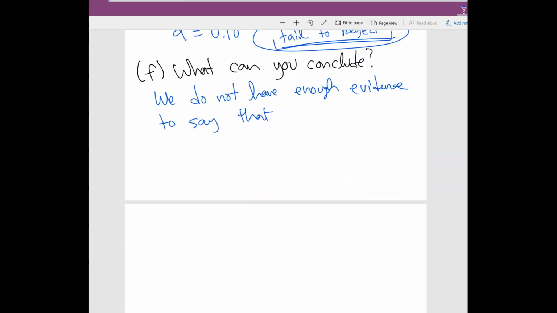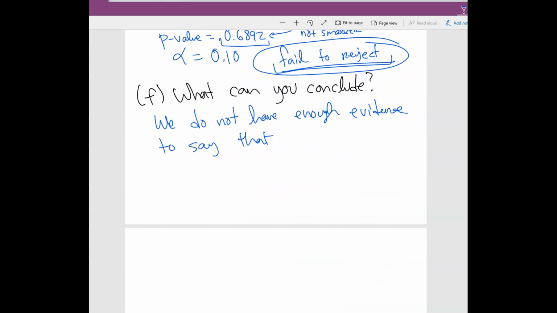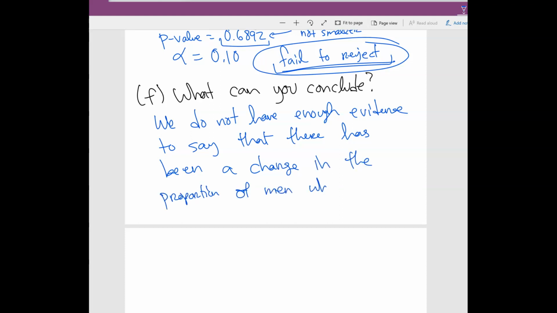So all we can say is that we don't have enough evidence to say that there has been a change in the proportion of men who go to the gym at Mesa. Okay, so that's basically the gist of it.